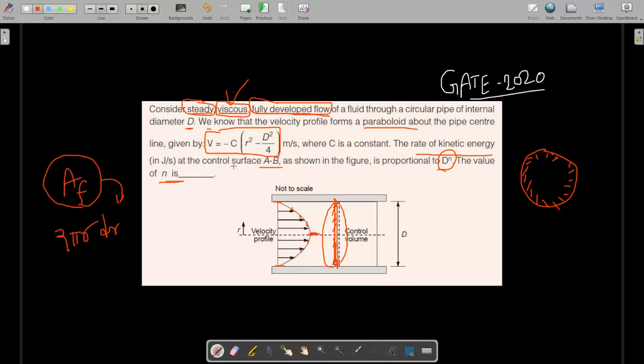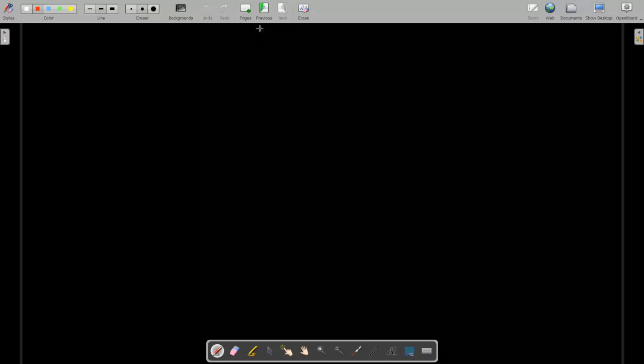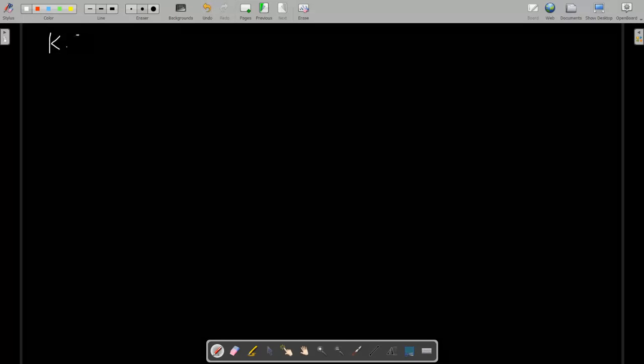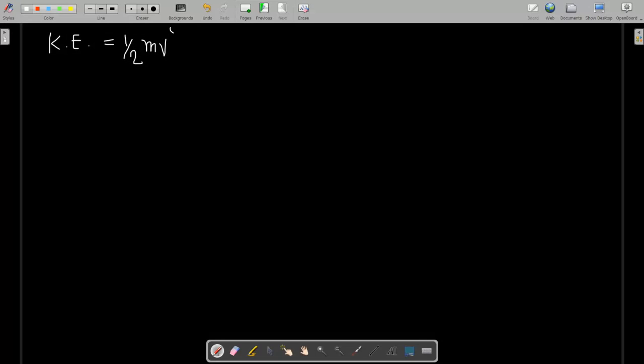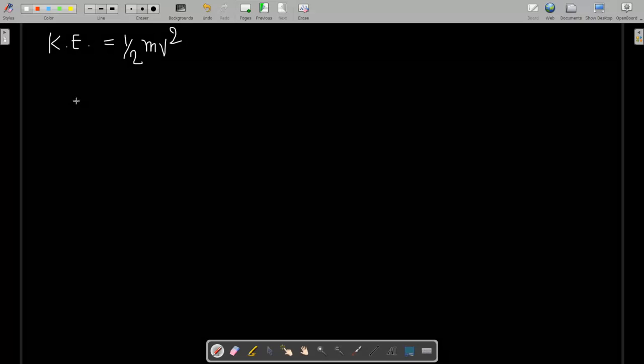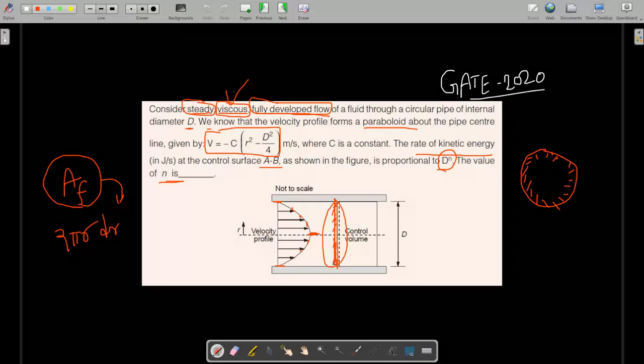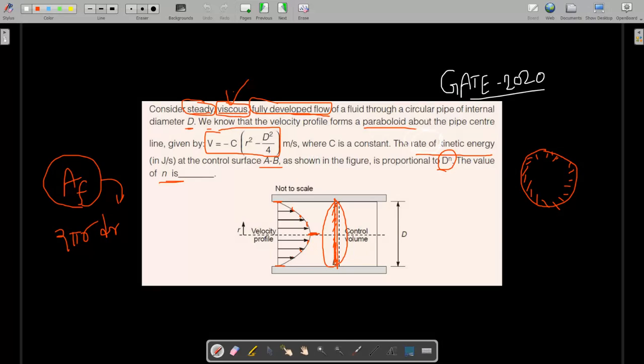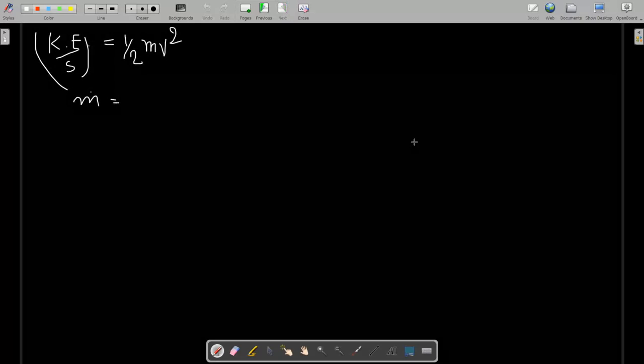We know that kinetic energy is given by 1 by 2 m v square. But in fluid mechanics, here the rate of kinetic energy is asked in the question, so we have to divide by second.